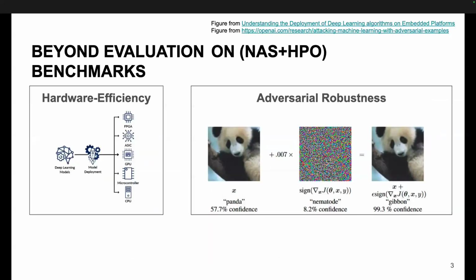So let me give you a few examples of such applications which would be quite interesting for AutoML. One of them is definitely hardware efficiency, where you want to find architectures which are efficient to run on a target hardware in terms of latency, throughput, memory allocation, and so on.